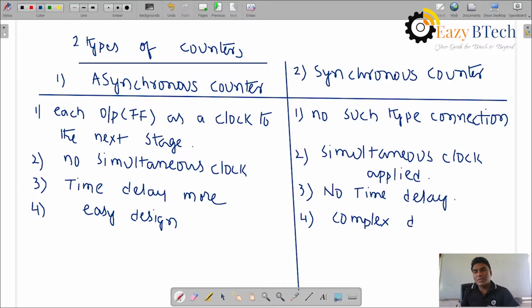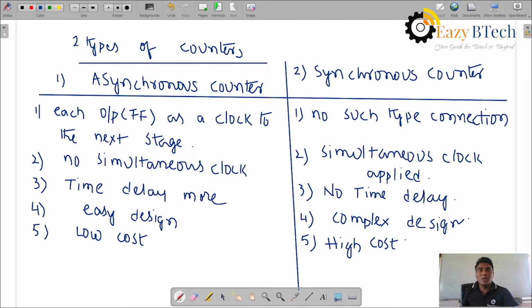Let us see the cost: the asynchronous counter is a low cost design, and this is a high cost design. So these are the differences between asynchronous counter and synchronous counter.